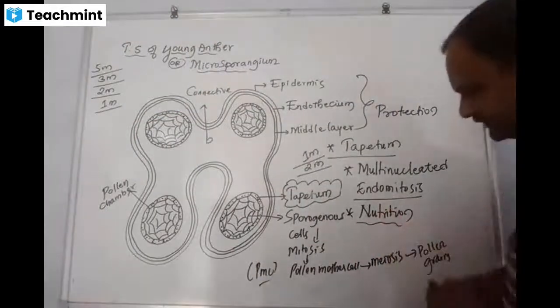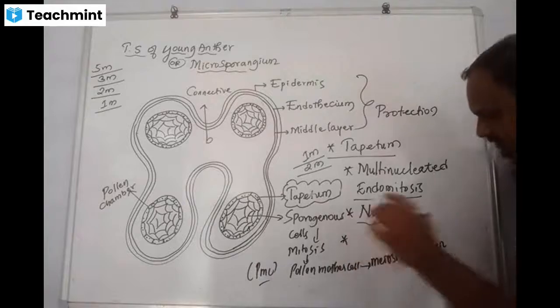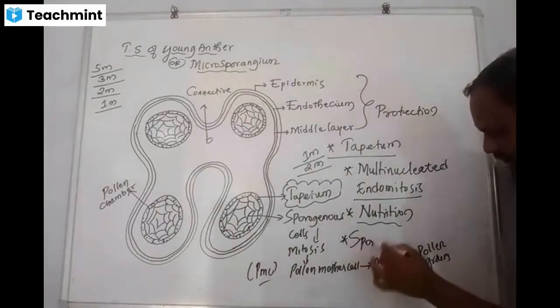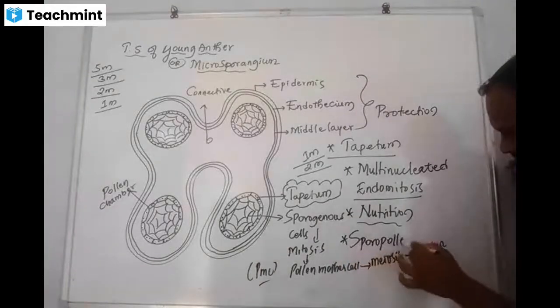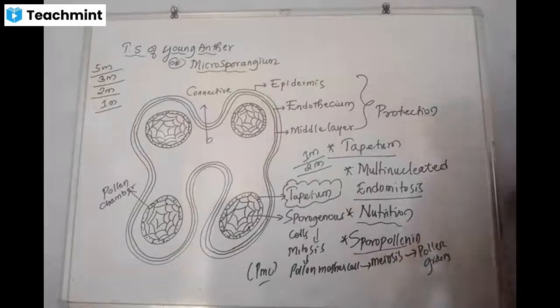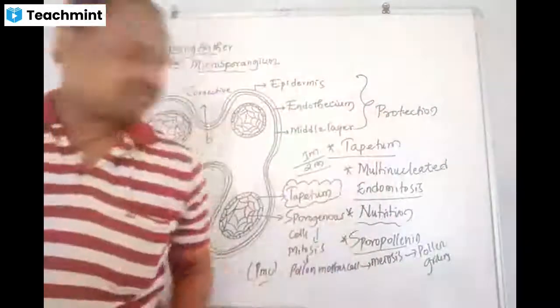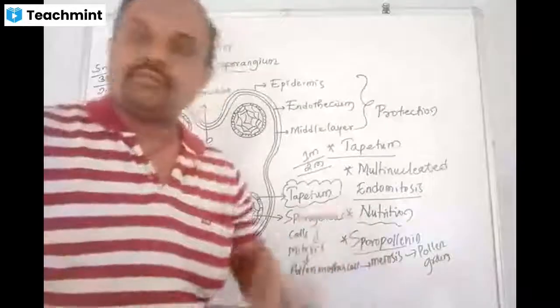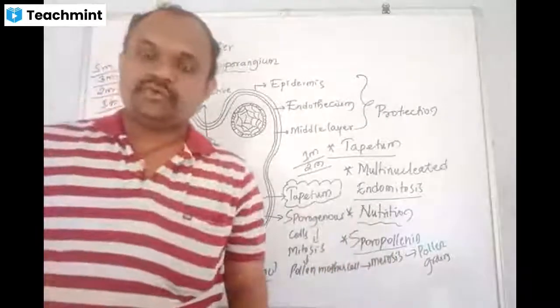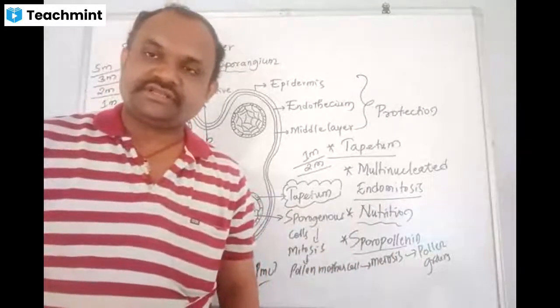The third function of the tapetum is that the tapetum cells secrete sporopollenin. The sporopollenin is always present in the pollen grains.